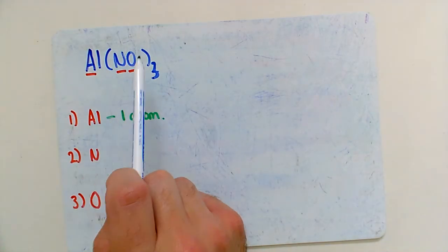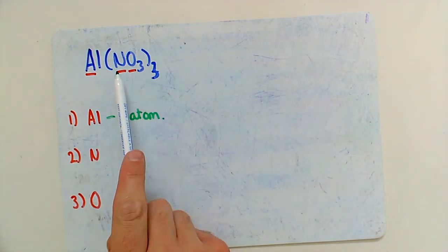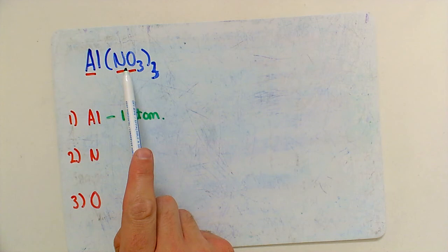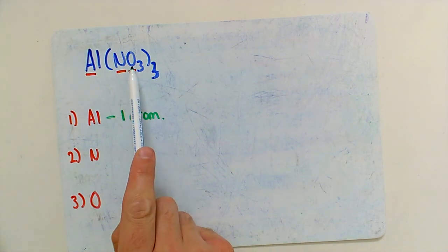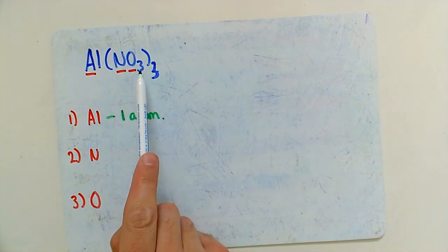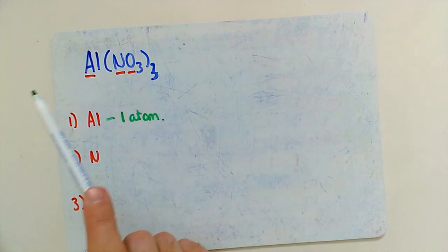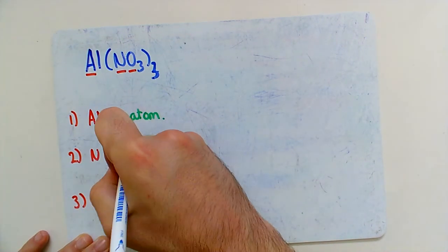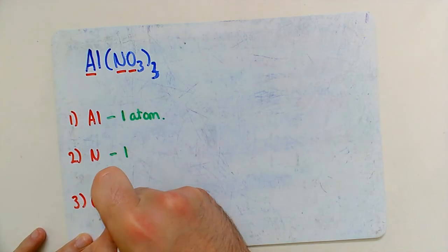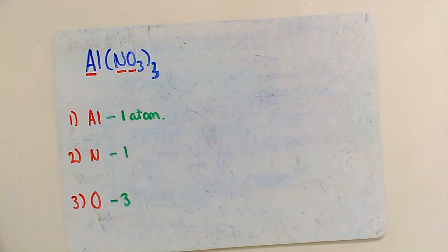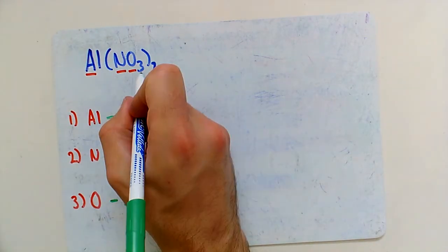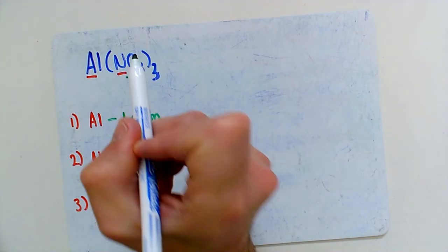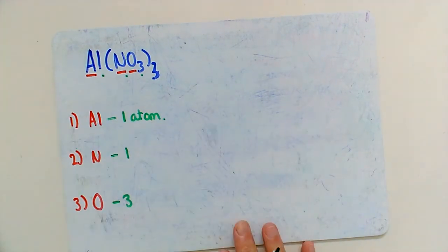Now, inside the bracket, we've got an N with no number, so that would mean that there's 1. And then we've got an oxygen that's got a 3, so that would mean there's 3. So we'll start off 1, and for oxygen, 3. And that's coming from the 3 here, and the fact there's no number here, and for aluminium, the fact there's no number.